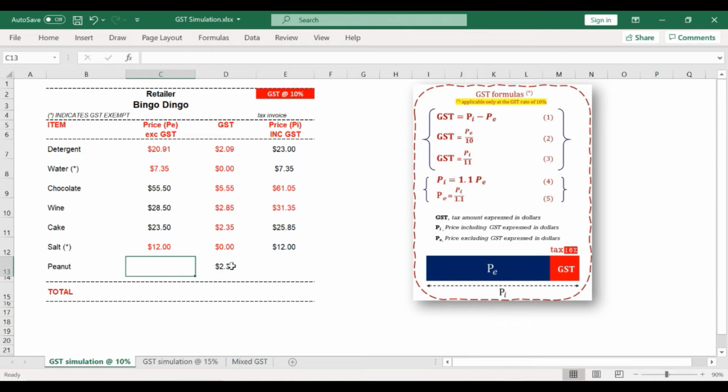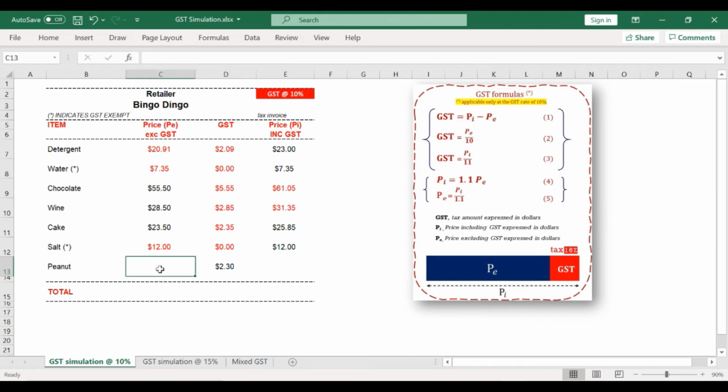Now, this is an interesting one. This time, it's a different scenario. We have the GST amount, but we do not have any information about the prices, be it before or after tax. We only have the GST amount. So how do we go about calculating the price before and after? Looking at equation number 2 here, it states that if I have the GST amount, I simply multiply it by 10 to arrive at the price excluding GST.